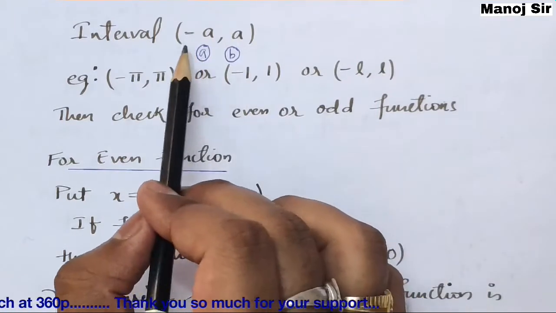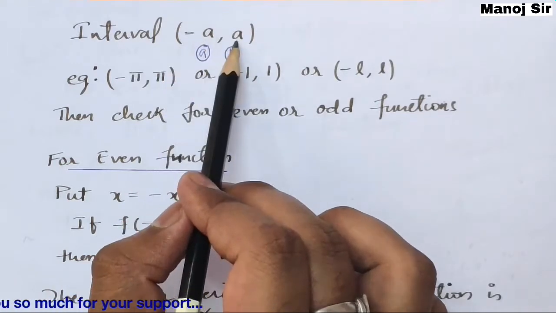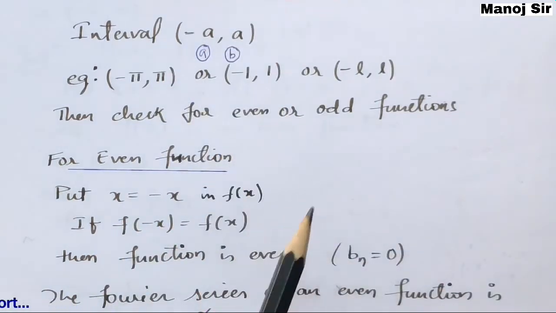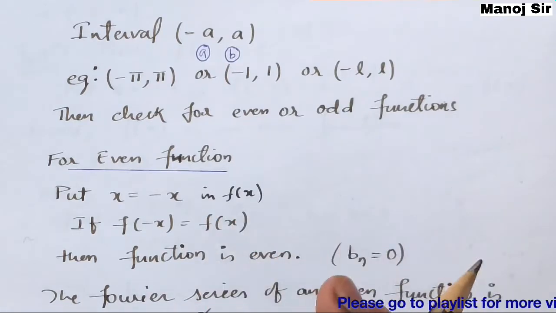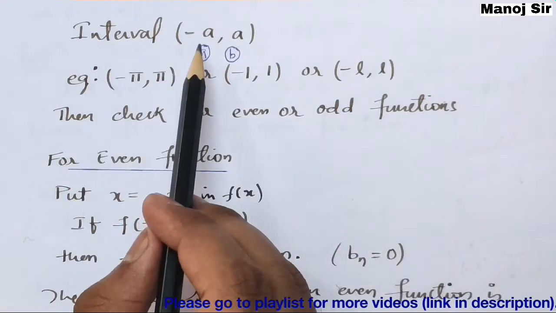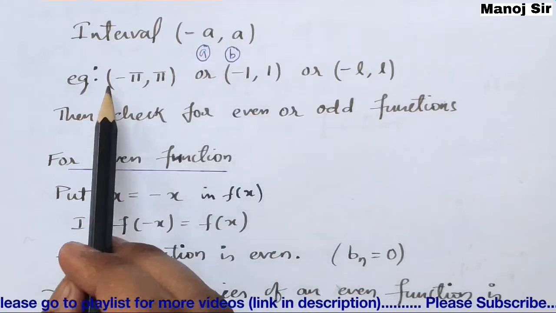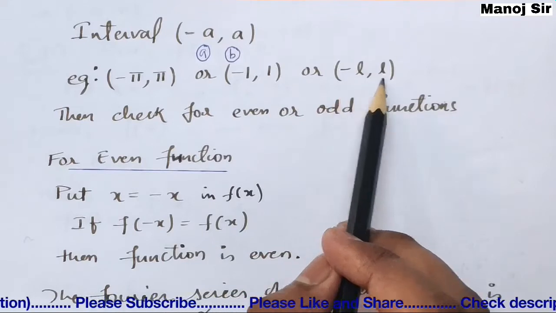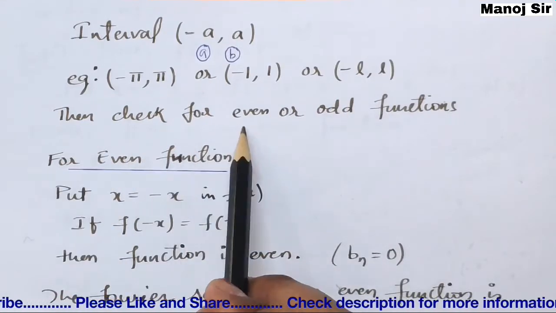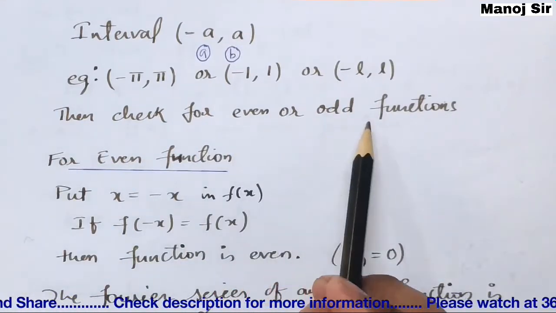Yes, if the interval is like minus a to a, for example minus pi to plus pi, or minus 1 to plus 1, or minus L to plus L, then we need to check for even or odd functions.